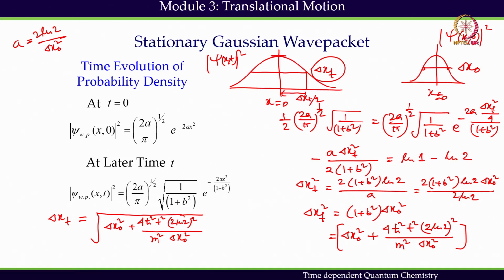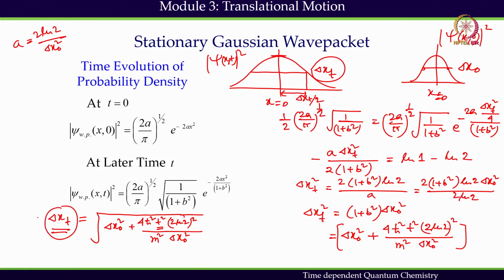So what we observe from here is that delta x t is not directly proportional, but it will depend on time. So more time it spends during the evolution, it will just spread out more.